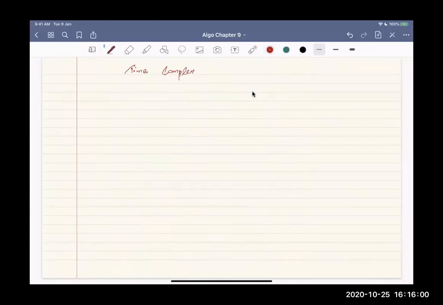If you look loosely, you will say, okay, I am doing from n by 2 up to 1, calling max heapify, and that is similar to delete max. So this is as if I'm doing delete max n by 2 times, and that will be n by 2 log n. This is n log n.